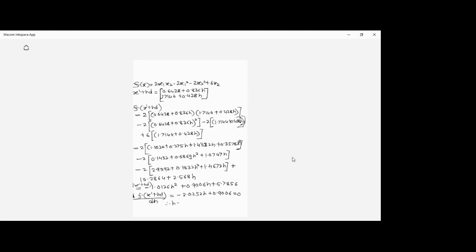So therefore we get the value of h as 0.4447 according to my calculations, right?